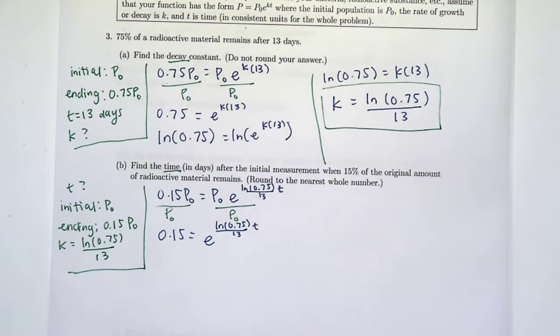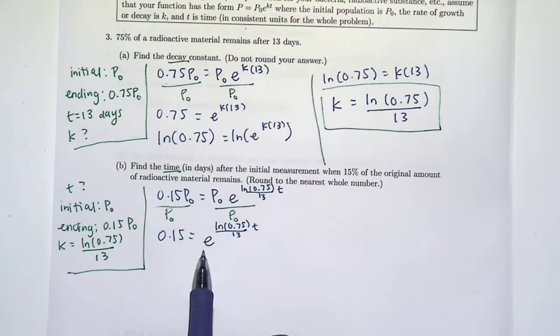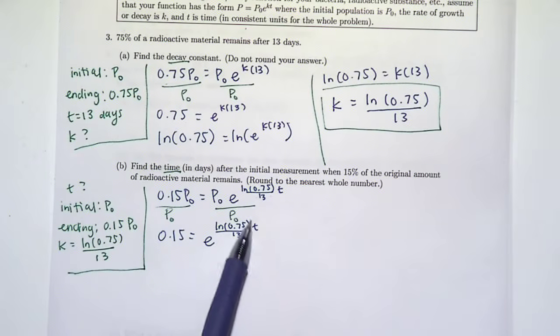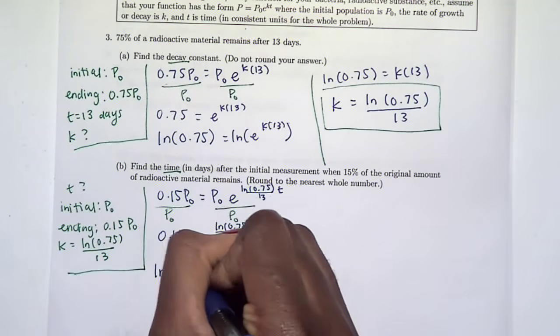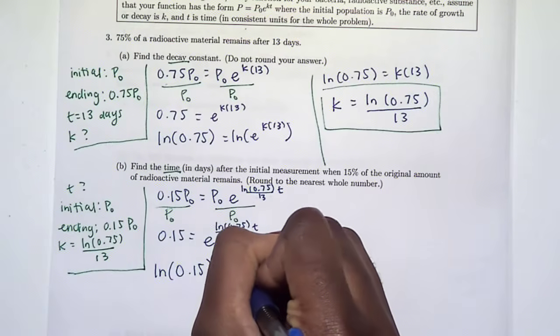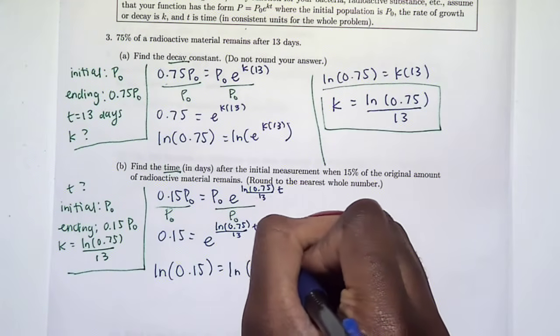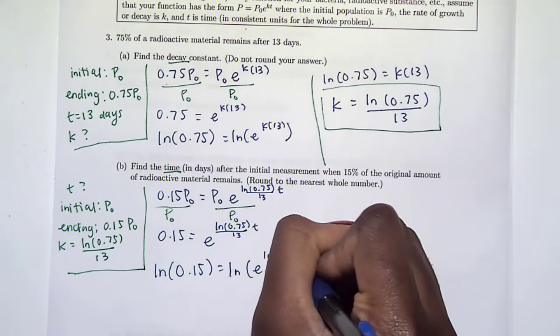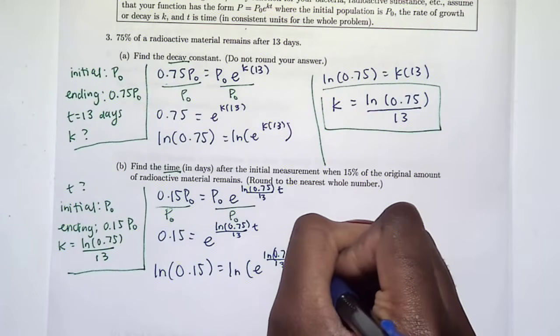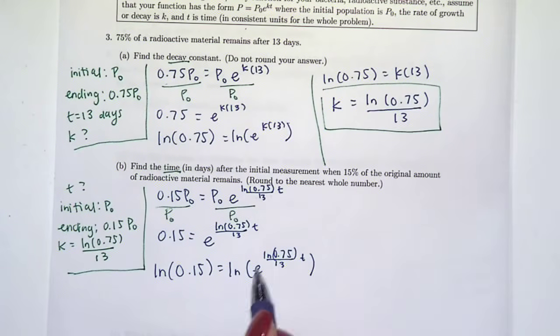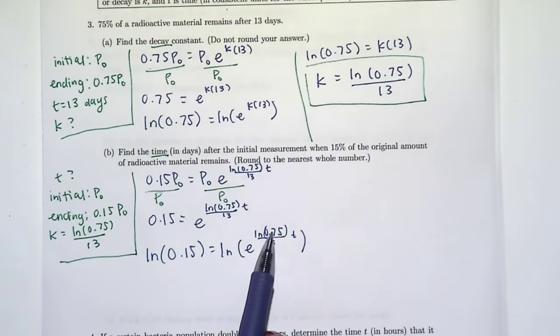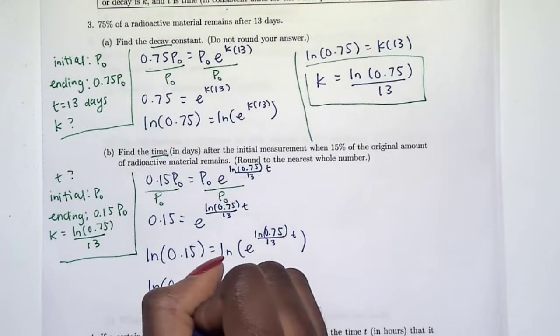All right, same song and dance. We know exactly how to solve this. We can take the natural log of both sides to bring our exponents down. Okay, e and natural log are inverses, so we're just left with the inside.